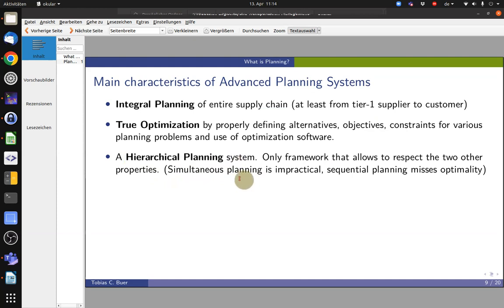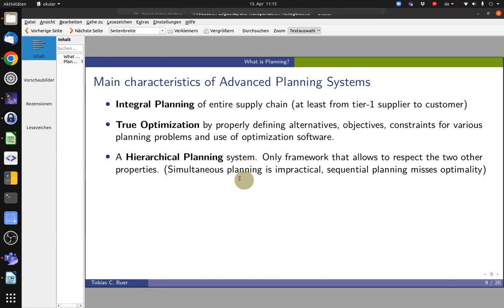So we have a hierarchy of certain planning tasks, and we try to plan from the highest level, and based on the result of the highest level, we go one level lower, and based on these results, we go one more level lower. And these lower levels then prepare their plans.